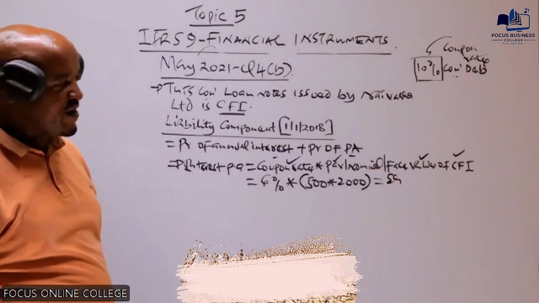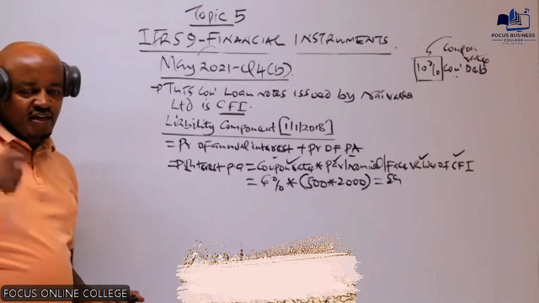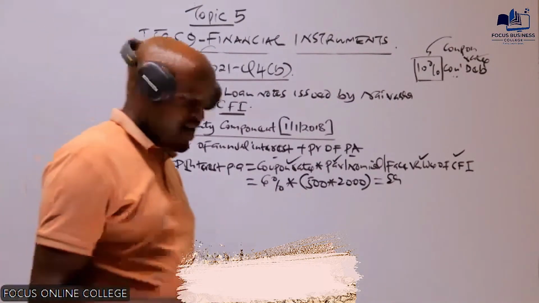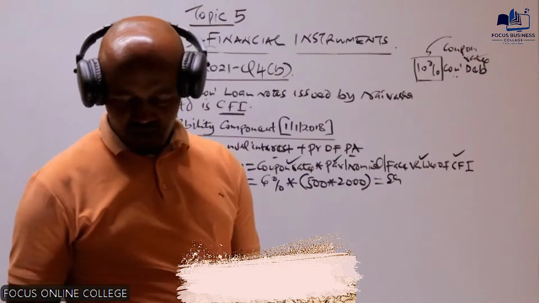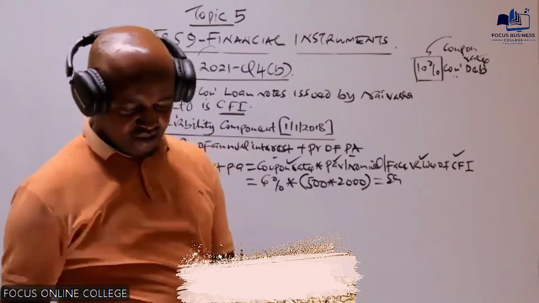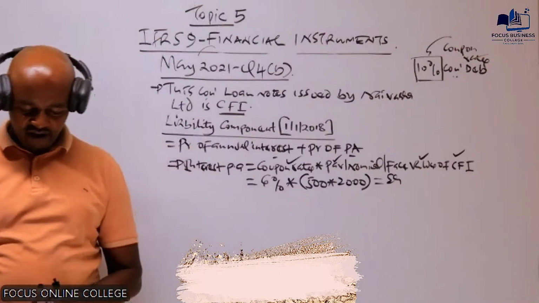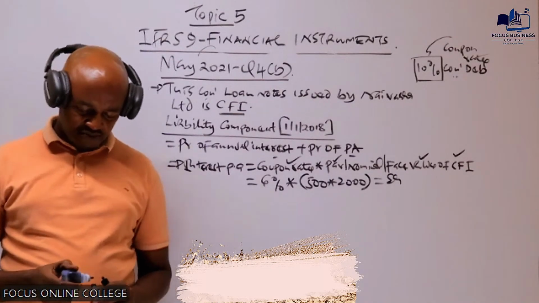So how much interest will be paid by our company on an annual basis? Give me the final figure here. The interest to be paid by our company on an annual basis would be how much? Which should be 6% of 500 times 2,000.